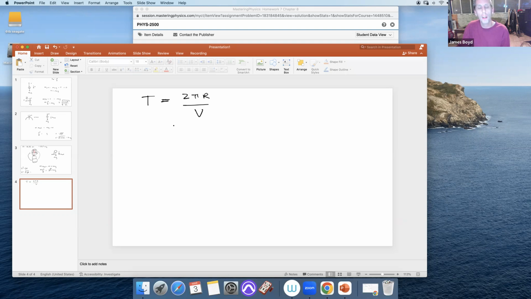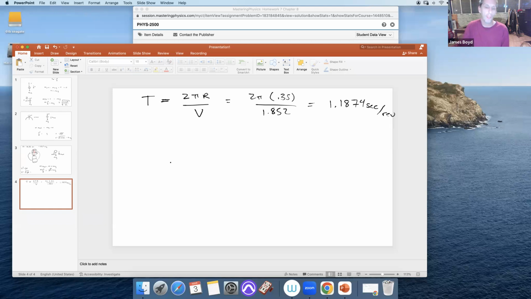So 2 pi times 0.35 over 1.852 is the number of seconds in a period, or one revolution. 2 times pi times 0.35 divided by 1.852 gives me 1.187 seconds per revolution.